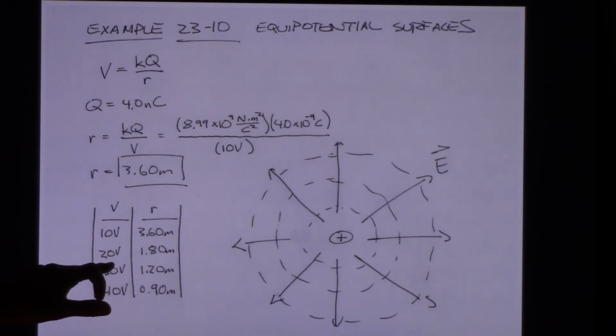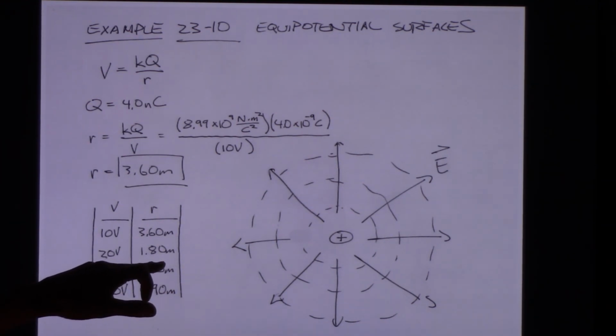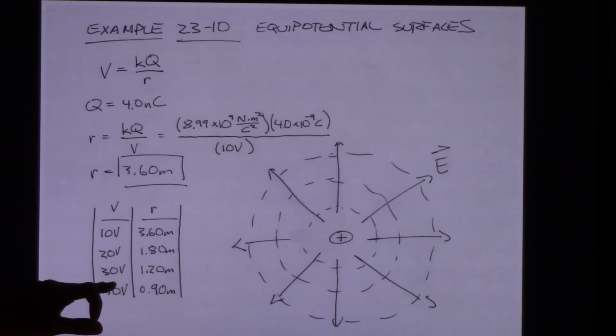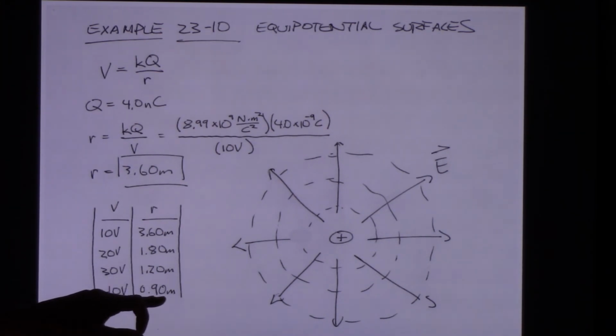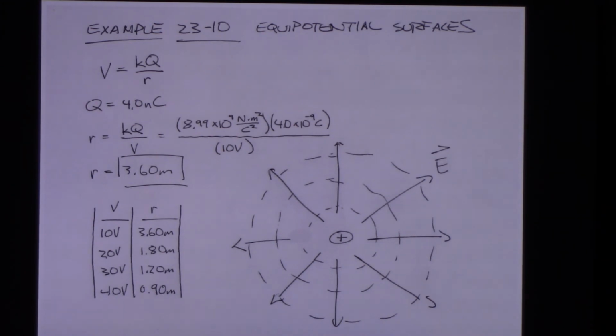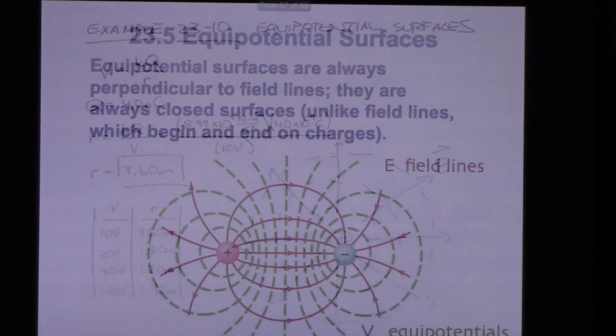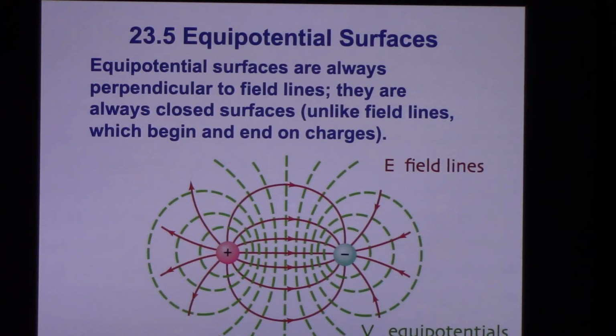If I go to the 20 volt equipotential, that should be located at 1.8, the 30 volt at 1.2, the 40 volt at 90 centimeters. So I'm plugging into these formulas, I'm putting these values in, and I'm finding out where those equipotential surfaces are going to be located. All right, that's probably a good place to wrap up for the day.